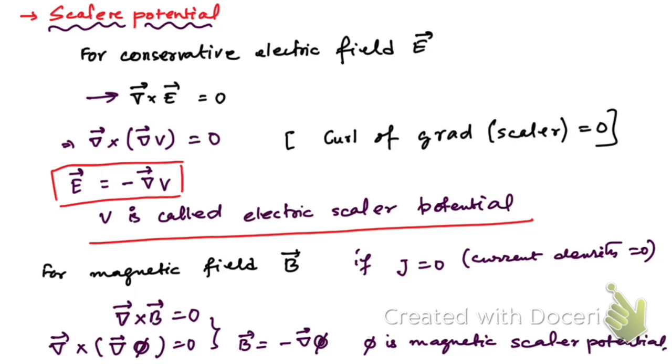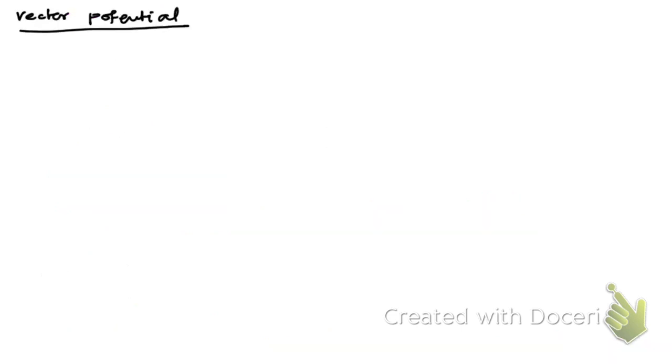Now let us discuss vector potential. From Maxwell's equations, in differential form, we have divergence of B equal to 0, where B is the magnetic field. The divergence of the magnetic field is equal to 0.